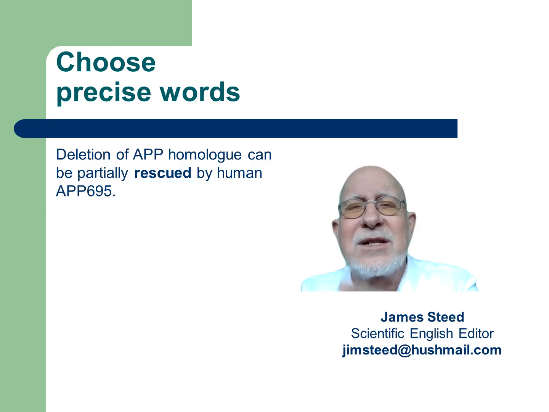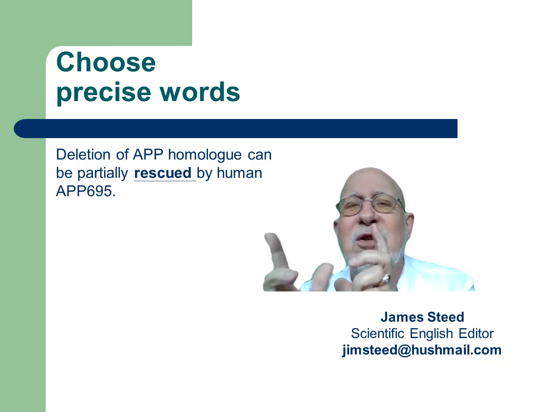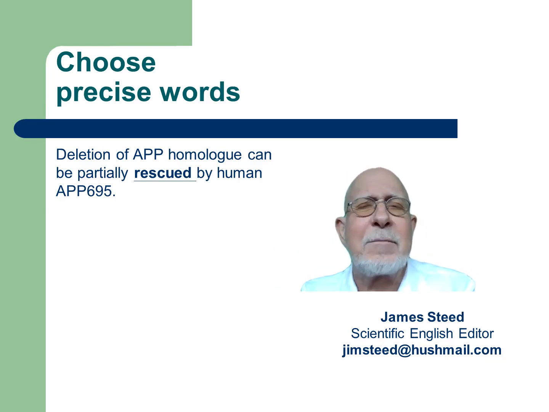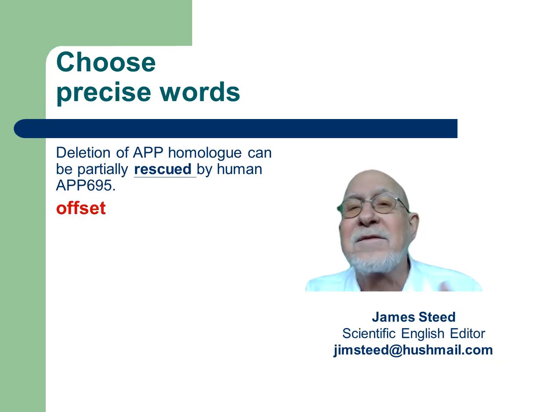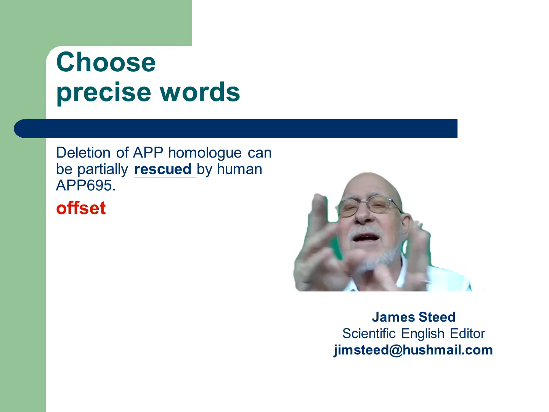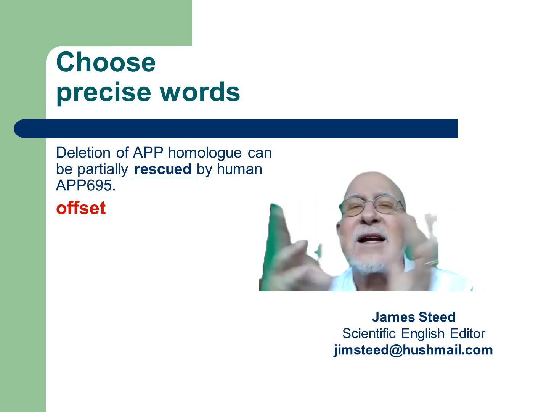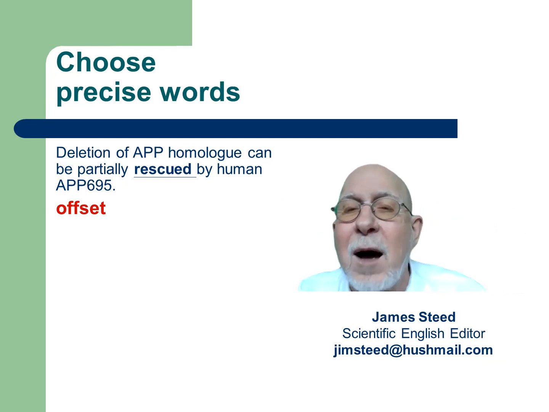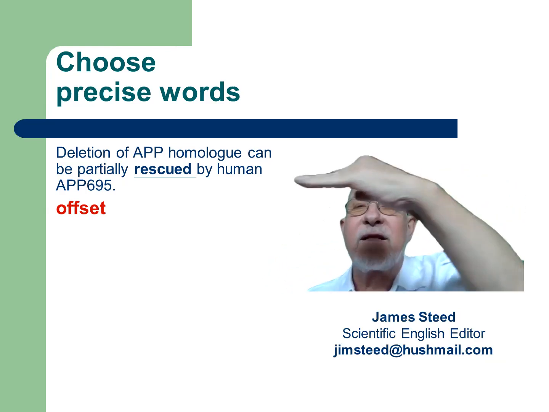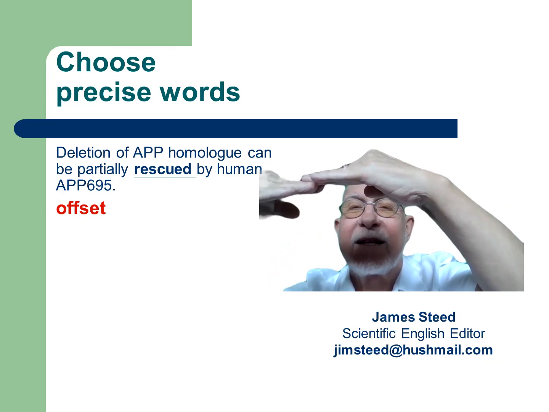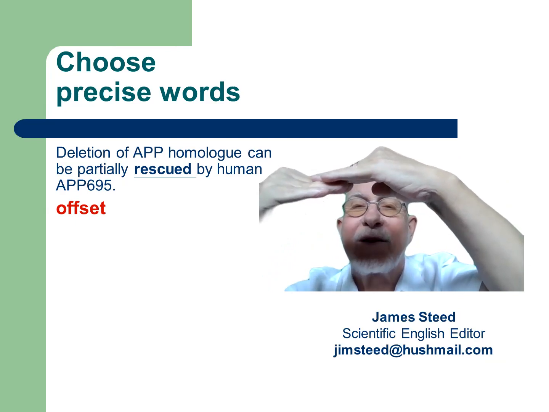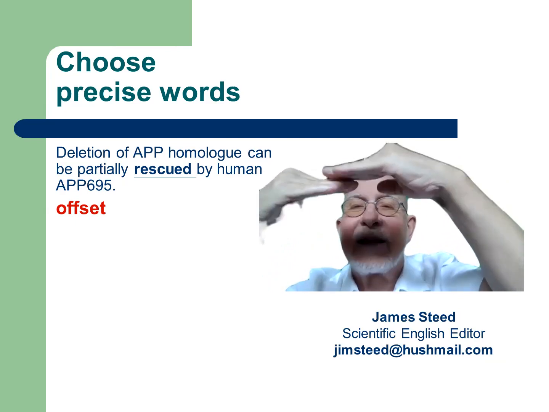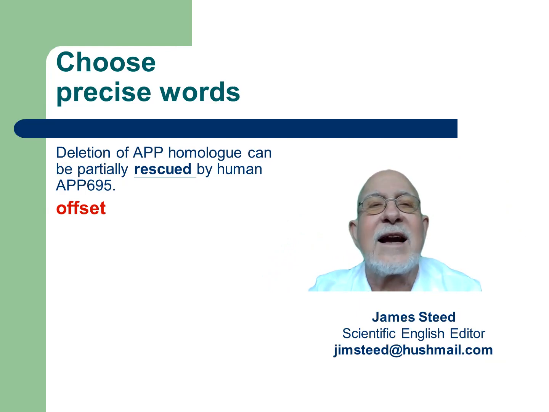The English is not particularly difficult, but you kind of need to be a native speaker to know that you could use the word offset. All right, offset was kind of like compensated for, but not completely stopped, but partially stopped. So you have, if it's going this way, then something comes in and does it this way or halfway through. So it offsets some of this. All right, take a look at another one.